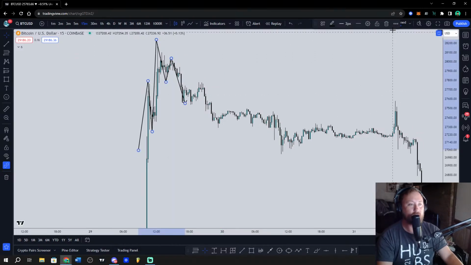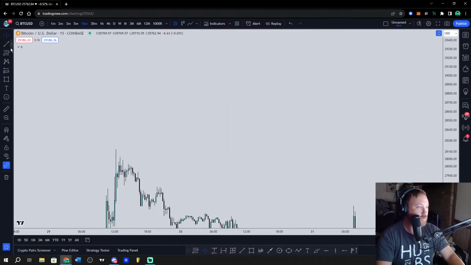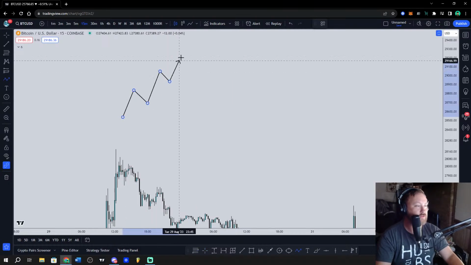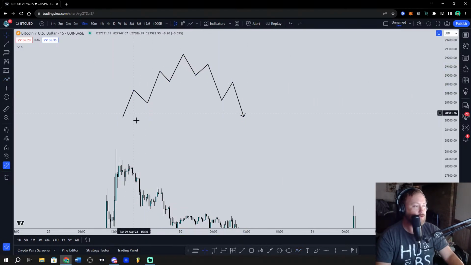And it's all about when something crosses another. So when I say that, I mean when I have my structure like this, the second that this gets validated is when price crosses it.